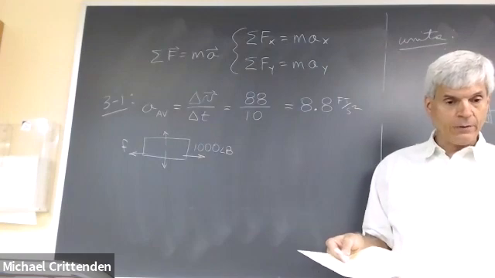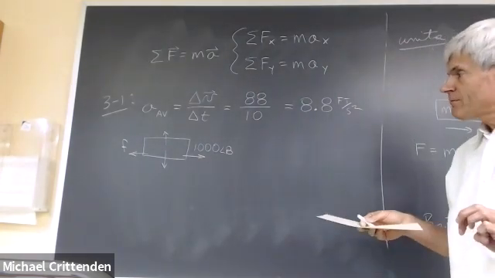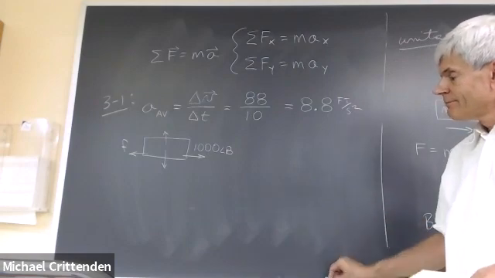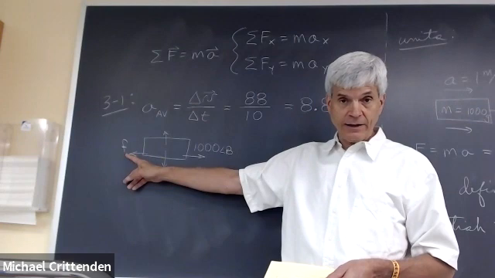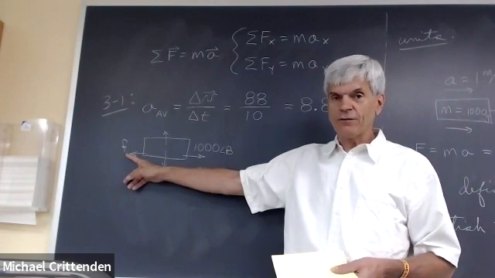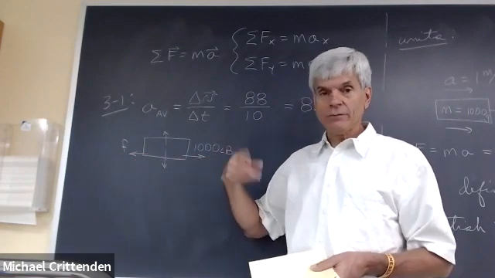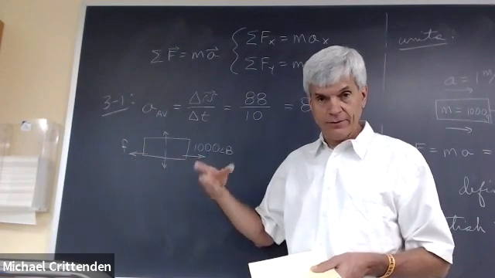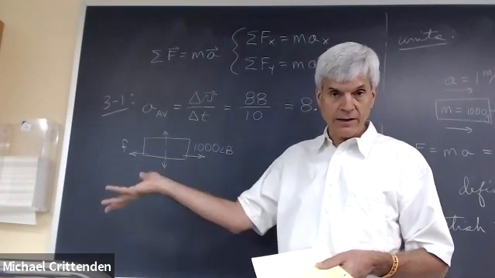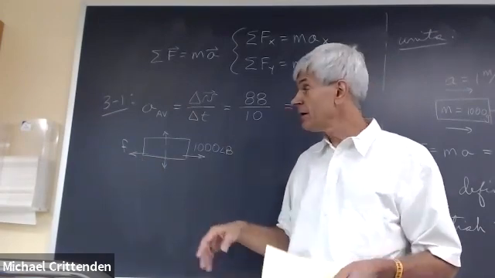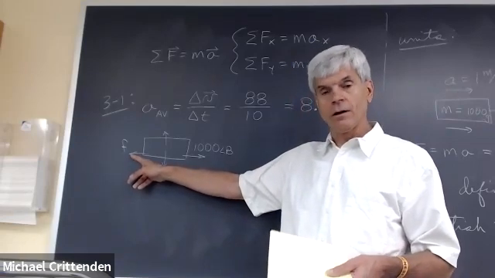If the car is going that way, friction points the other way. This is actually the total of a couple of different effects. There are two distinct types of friction acting on a car. There's rolling resistance in the tires, and then there's also air drag as the car pushes through the atmosphere. And we're just going to use a single arrow to stand for the total of all of that.